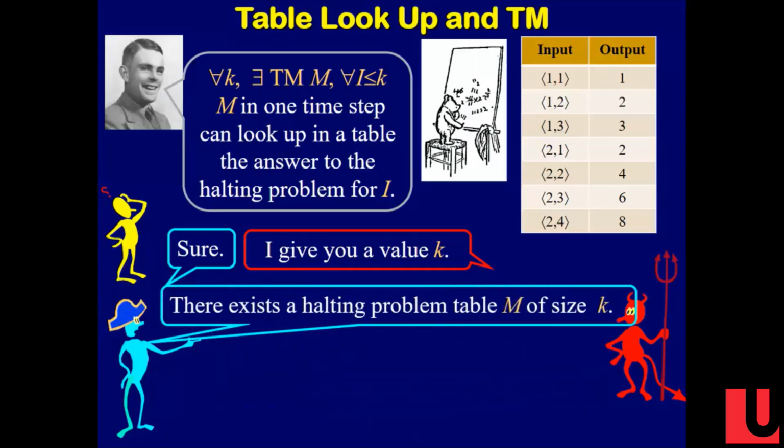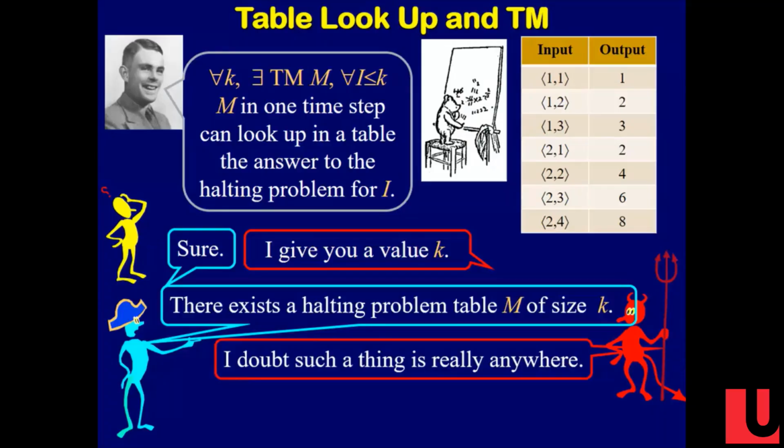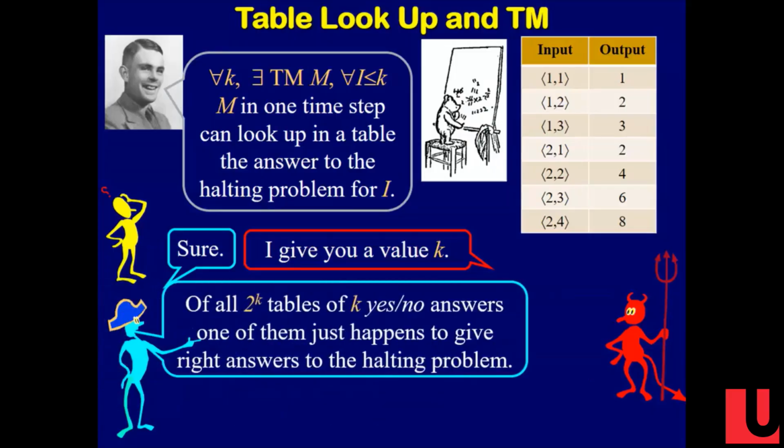So he tries again. He says, there exists a halting table. I'm not claiming I can build it. I'm not even claiming there's a fairy godmother or a god out there who can build it. There exists this table. And the red guy says, well, I don't know what planet you live on, but I doubt there's such a table anywhere. So he tries again.